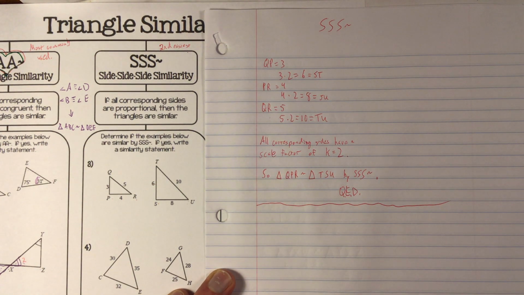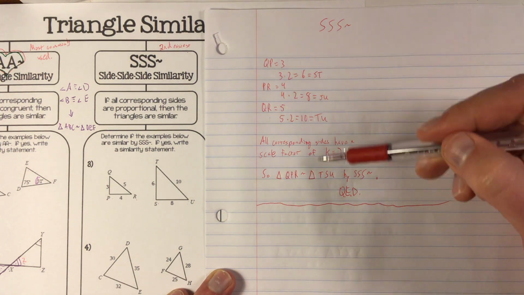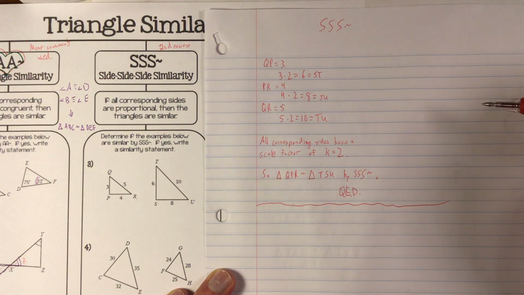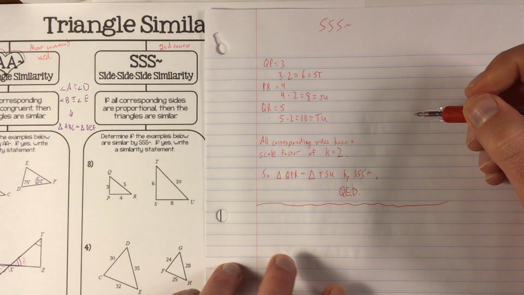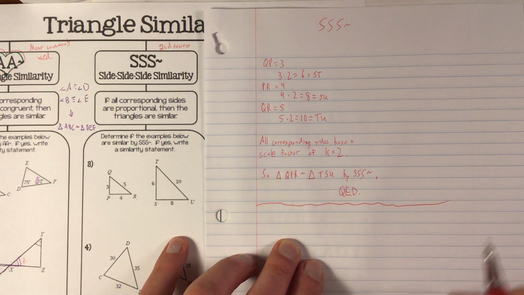You're done. Now, some people don't like to use the scale factor method. They like to use the proportional method, so using proportions. So I will show you how to do that as well.